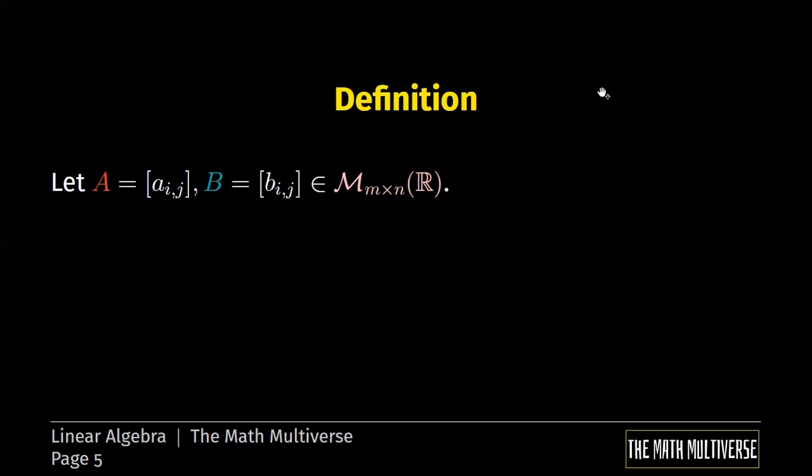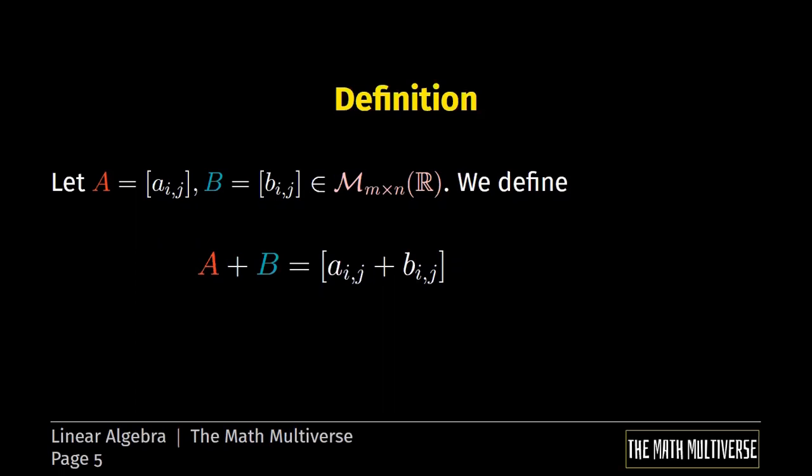So let's go on. We define simply A plus B as the matrix whose entries are given by Aij plus Bij. It's really intuitive. It's exactly what we thought it could be. It's very straightforward, I would say.